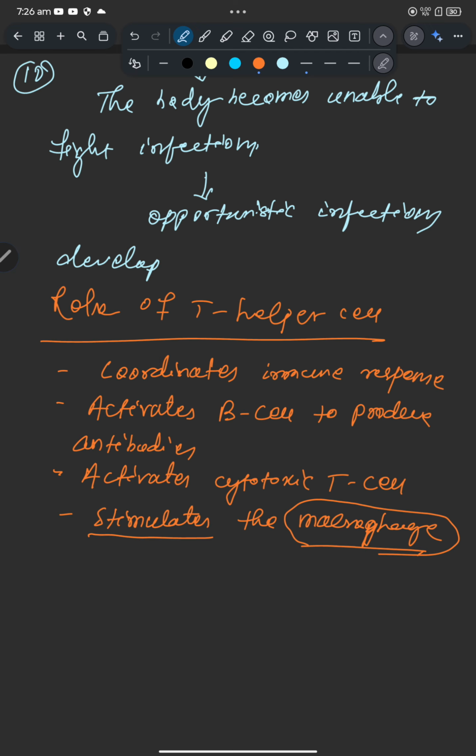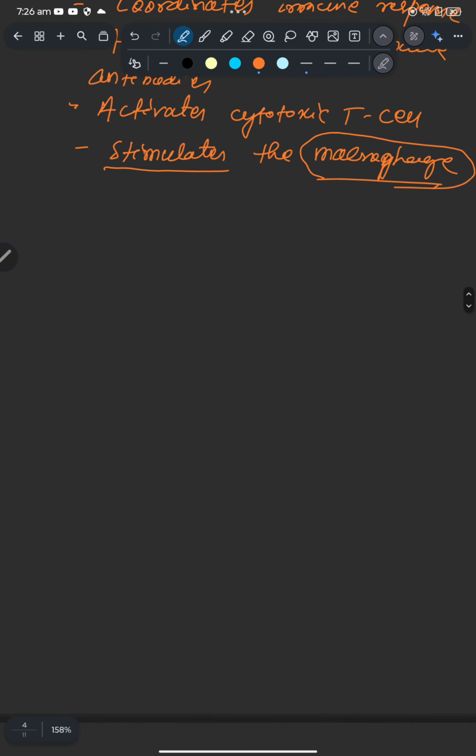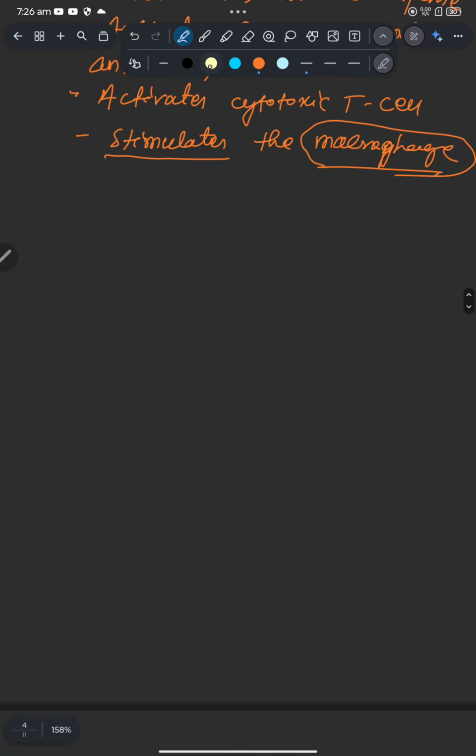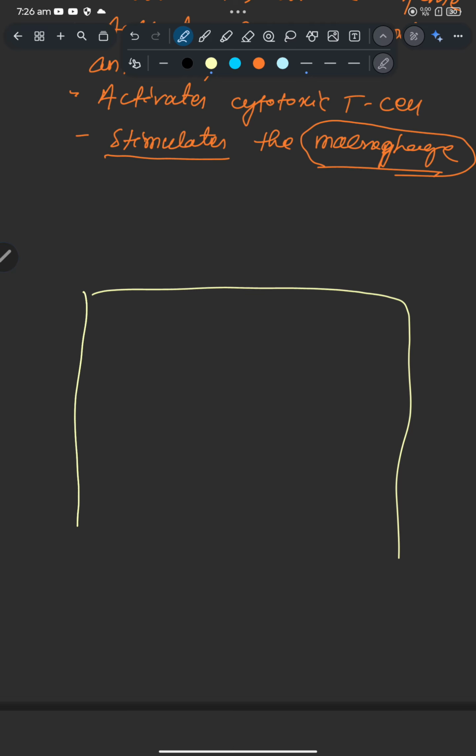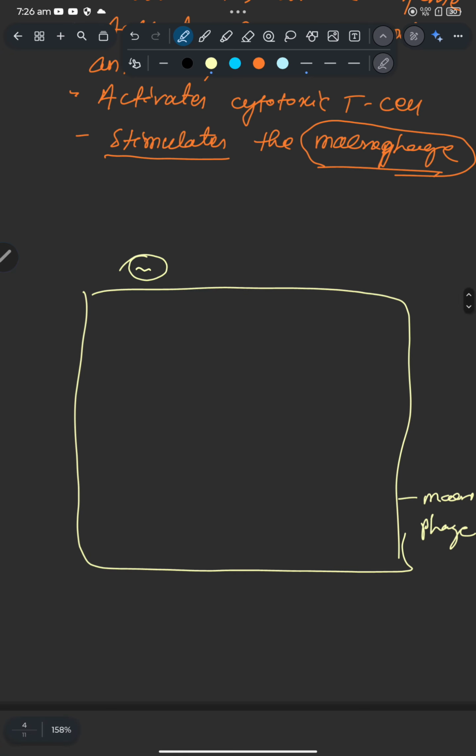Okay, now I will give you the life cycle diagrammatically. First it infects the macrophage. So this is the macrophage, which acts as the factory for HIV. This is the virus having RNA.